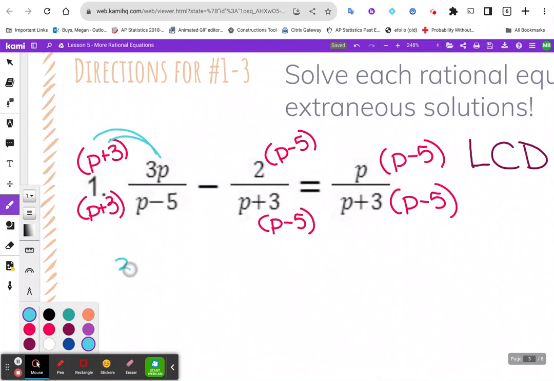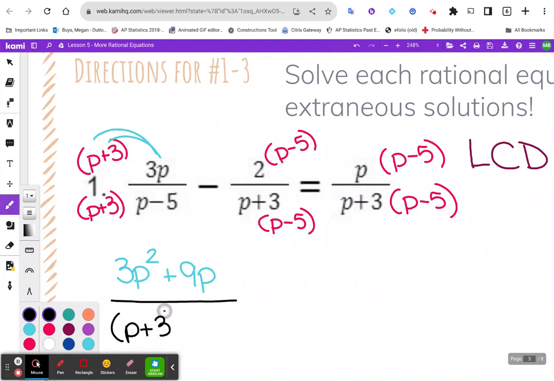So I'm going to look at a 3p squared plus a 9p and remember now that is going to be over p plus 3 and p minus 5. It doesn't matter the order in which you write that in there.